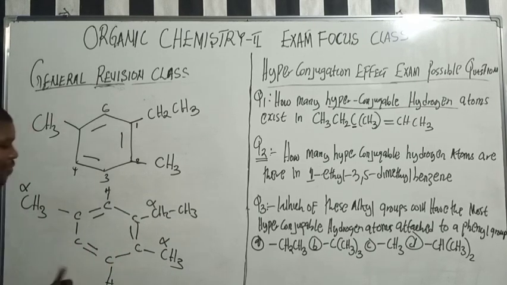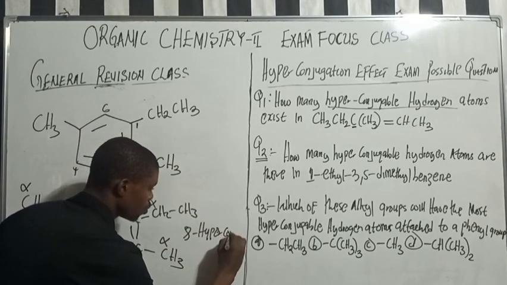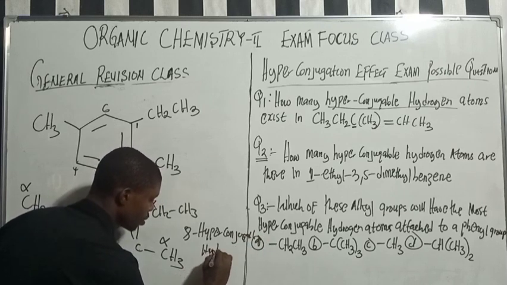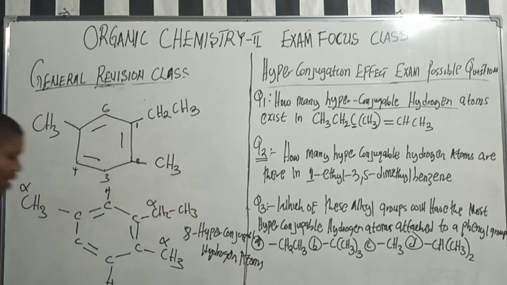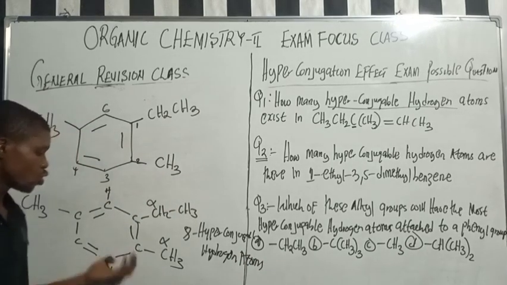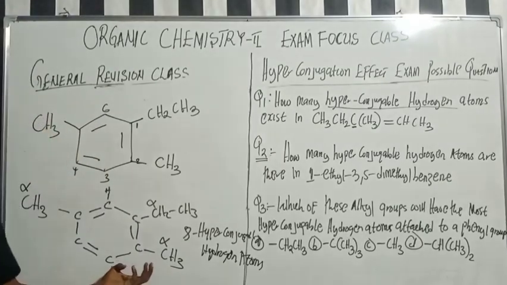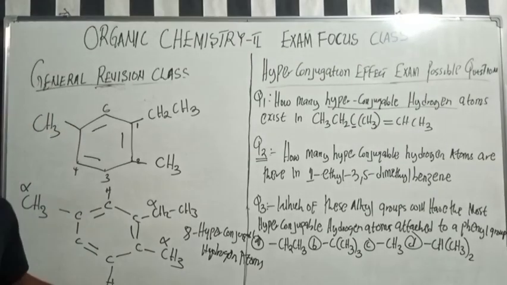So this compound has 8 hyperconjugable hydrogen atoms. It's very important to draw this structure because that is how you understand it. Do you understand? So that is it.